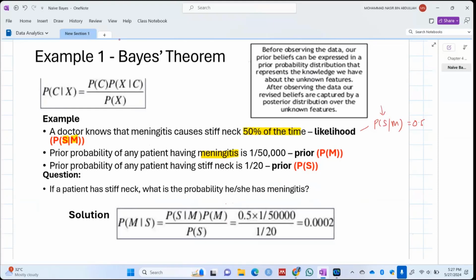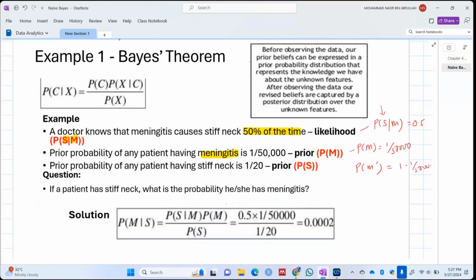The prior probability of any patient having meningitis, the probability of M, is 1 over 50,000. So if a person doesn't have meningitis, it should be 1 minus 1 over 50,000, so this is a complement, okay?